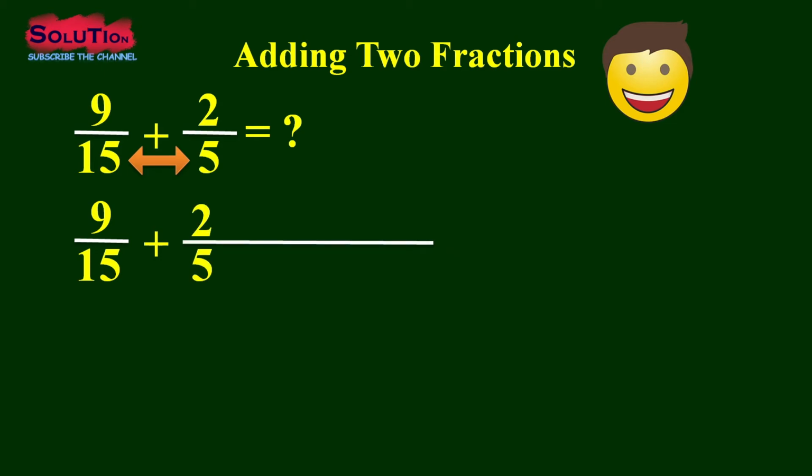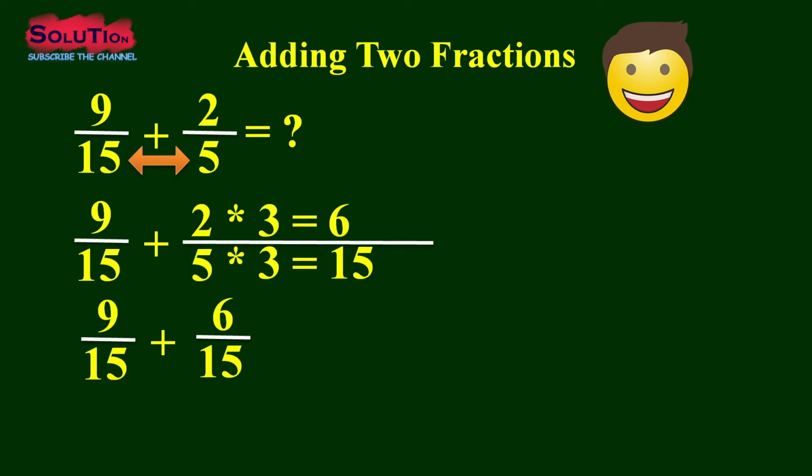So I have to make the denominator same. So 5, I have to make 15. For that I have to multiply it with 3, and because I cannot multiply the denominator alone, I have to multiply the numerator. So I am multiplying 2 also with 3, and it will give me 6. So ultimately I have 9 by 15 and 6 by 15. Here now we have the same denominator, 15 and 15.